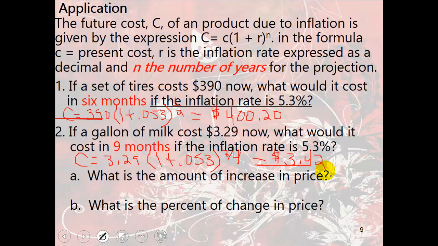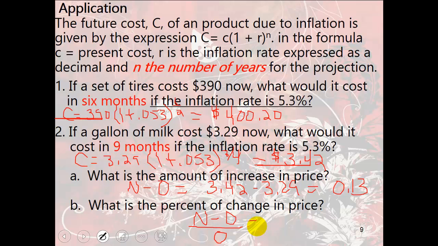Well, you take the new price minus the old price, and that's $3.42 minus $3.29, and that gives us 13 cents. How do I find a percent of change? What is the percent of change in price? Well, that is new minus old, divided by the old, or you could think original.